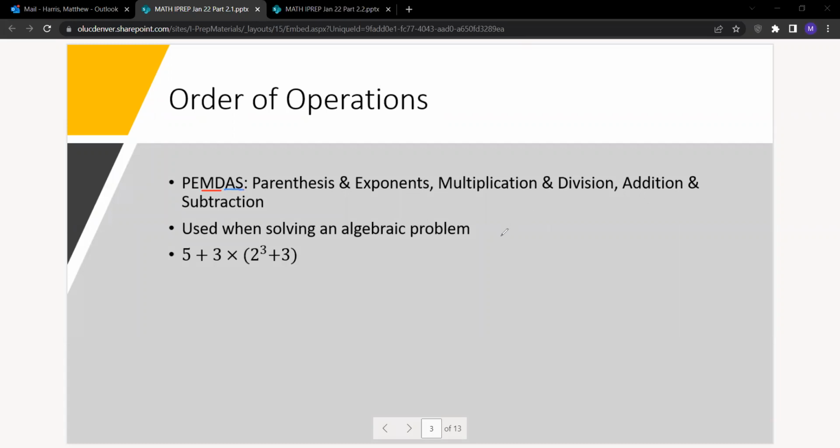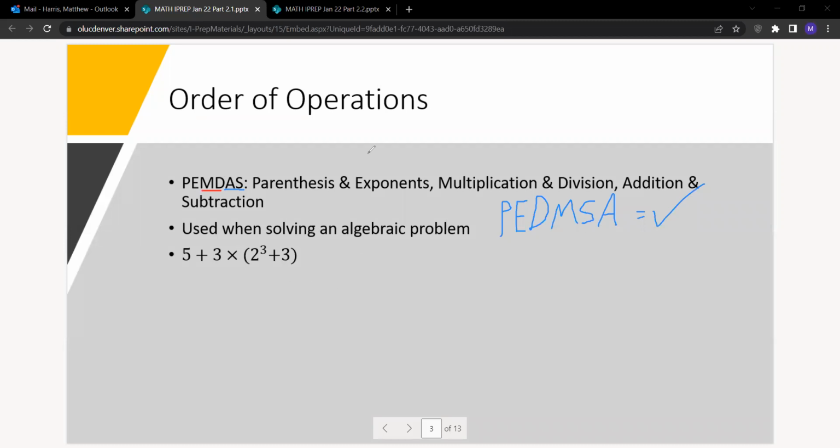So you could write PEMDAS as P, E, D, M, S, A. And that would be correct because multiplication and division happen at the same time and addition and subtraction happen at the same time, just left to right.